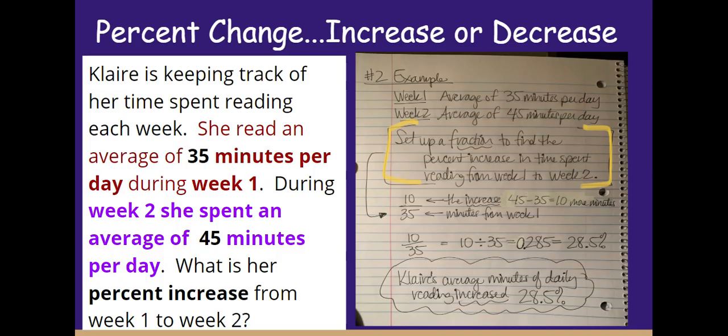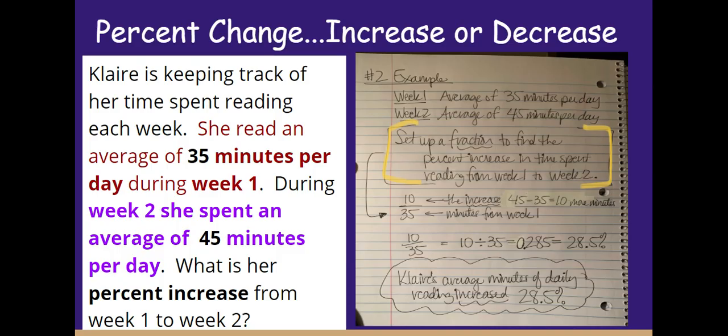10 divided by 35 is 0.285 and other various digits. I just stopped at the thousandths place there. Percent means out of 100. So I'm looking for 2 places after the decimal, 28. So 28.5%. And that is Claire's average minutes of daily reading, the increase of her average minutes of daily reading.